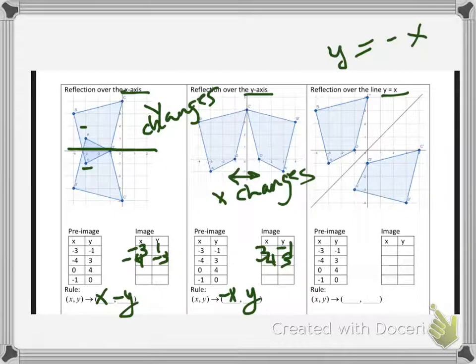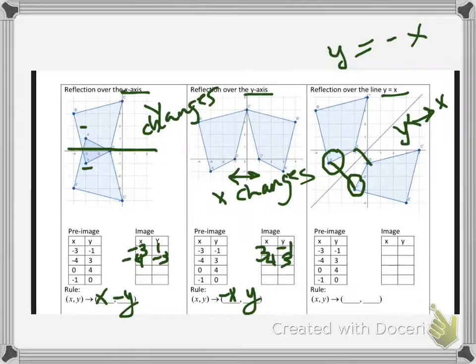If we reflect over the line y equals x, what happens is y and x switch places. So the point here at -3, -1 goes to -1, -3. You can see it's gone twice as far perpendicular across that line.